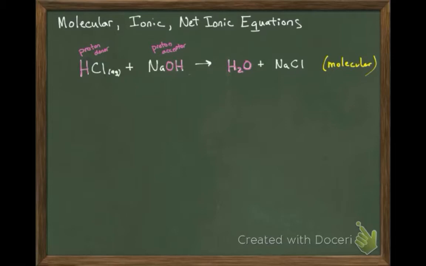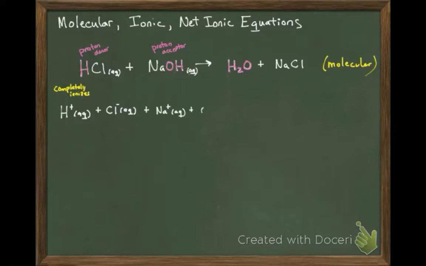HCl, though, in aqueous solution, is 100% ionized. It's a strong acid, so it completely ionizes to H+ and Cl-. So we can represent that, the way that we did previously, showing the separated ions, H+ and Cl-, and we can do that also with the sodium hydroxide because it is a strong base.